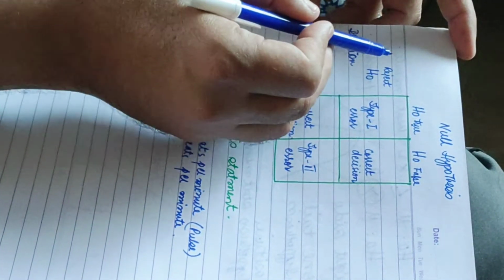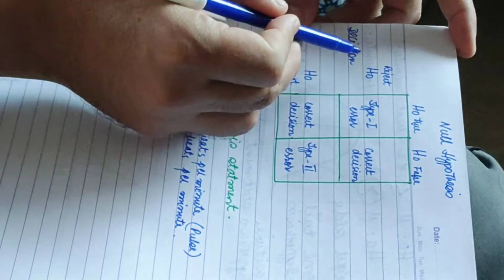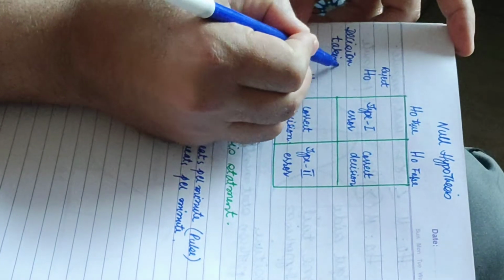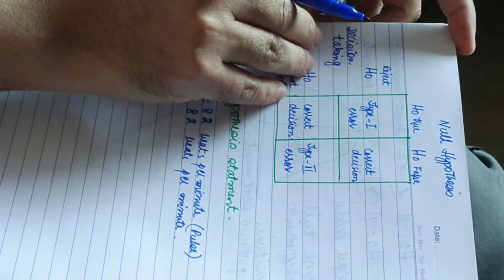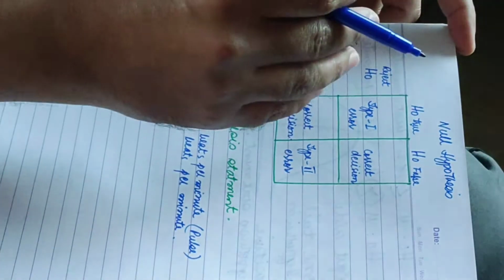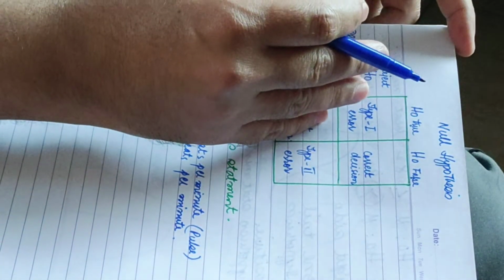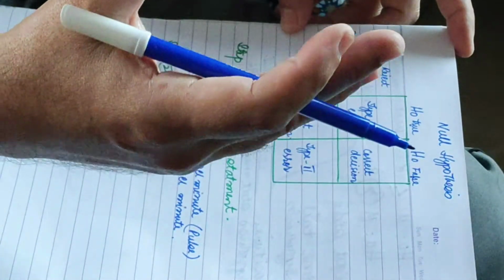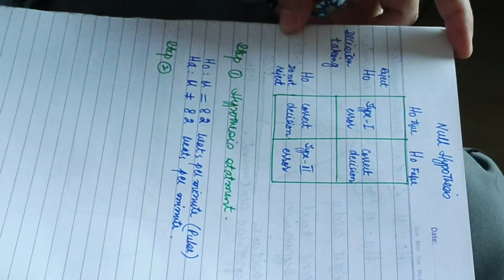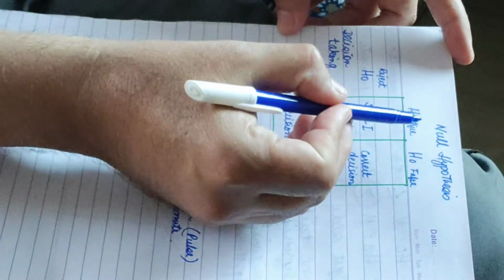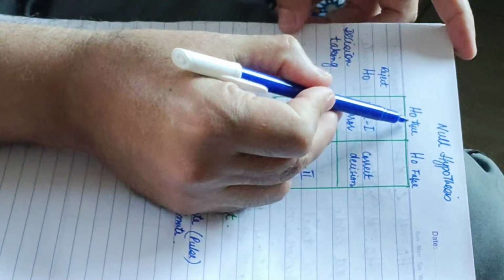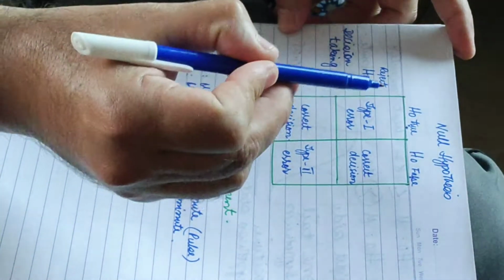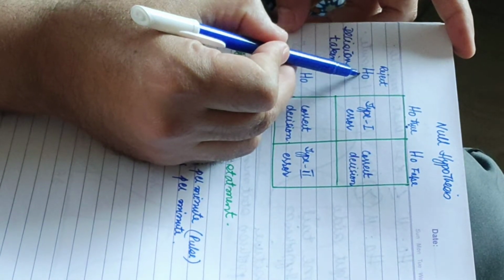When we come to the rows, it is the decision taking. In decision taking, either we reject the null hypothesis, or we accept the null hypothesis, meaning we do not reject it. Suppose the null hypothesis is true, and after using the statistical test we reject the null hypothesis.